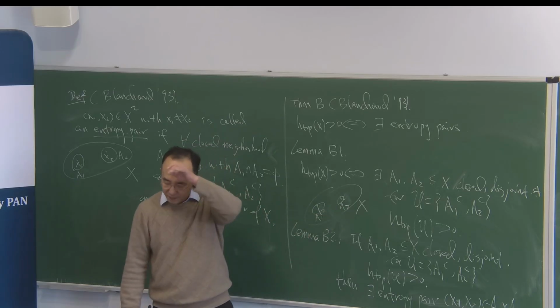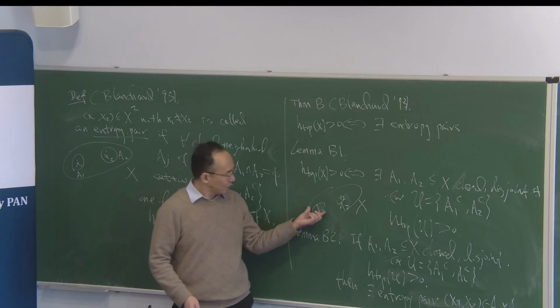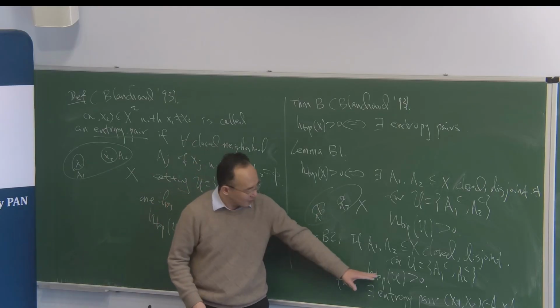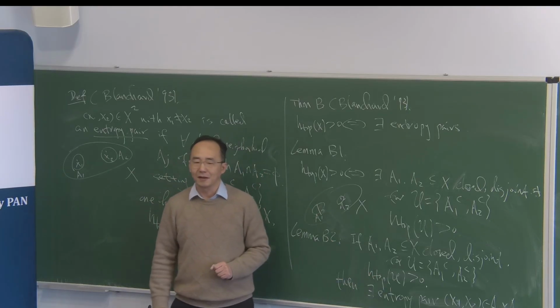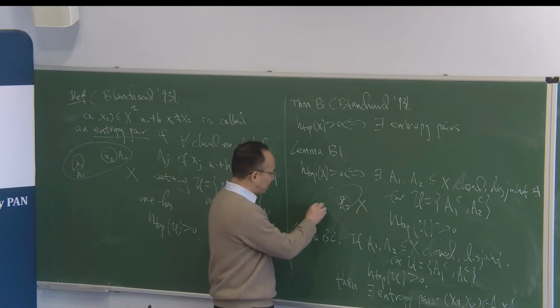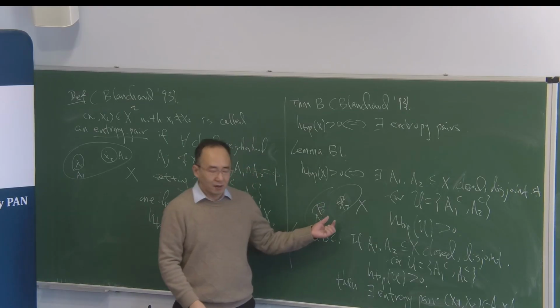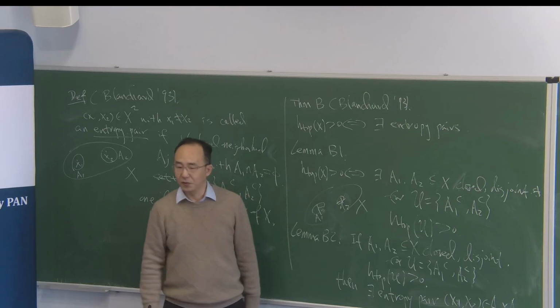So it's kind of like a Ramsey situation. If you cut this into two, at least one of them will still be good in the sense that this condition holds. Then later you cut A2 also into two pieces. When you cut it further into two pieces, going on, eventually these closed sets shrink to a single point. Then that is what we're looking for.